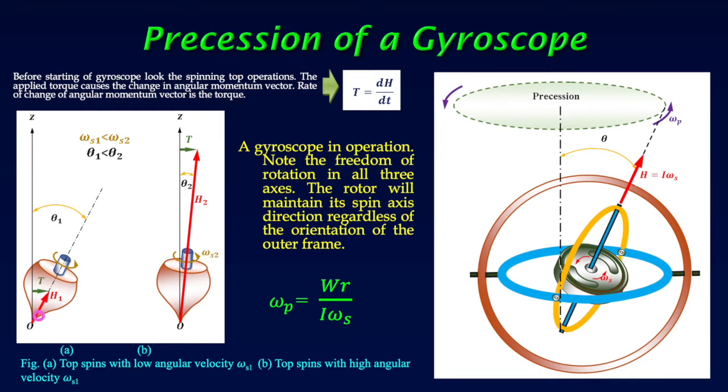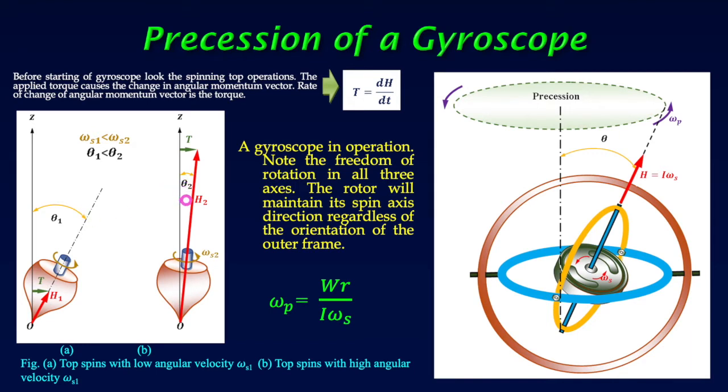Now comparing those two situations, we get that for the first case, when omega s is small, it makes a much bigger angle theta 1 compared to this one.